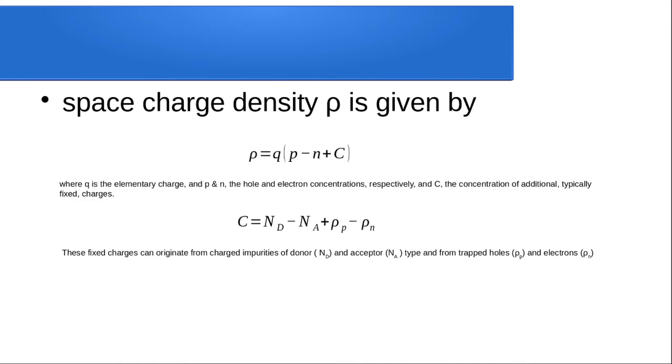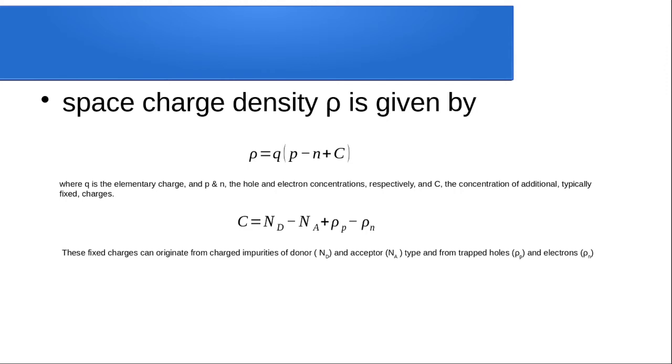But in reality, there can be some states where the electrons from the conduction band or holes from the valence band can move into and get trapped. Those are additional charges known as trapped holes and trapped electrons.